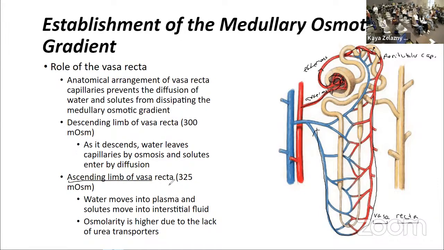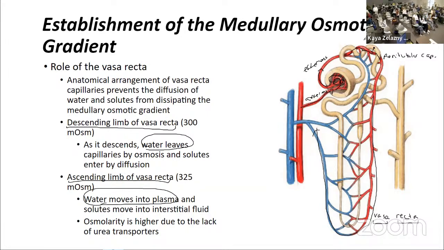So these are different than what our ascending and descending limb of the nephron were doing. So water can move across both of these. Water leaves and water moves into the plasma. So both of these are permeable to water.